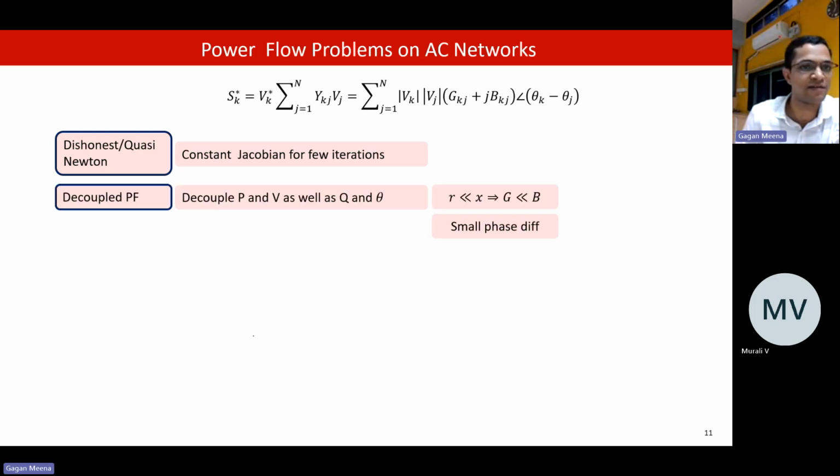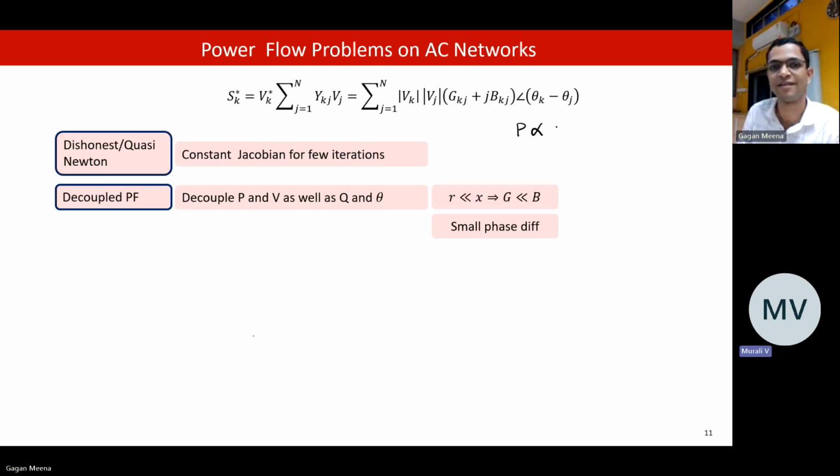This we have already talked about: keep the Jacobian constant for a few iterations. And in decoupled, we decouple for the transmission system. We know that P is directly related to which quantity?